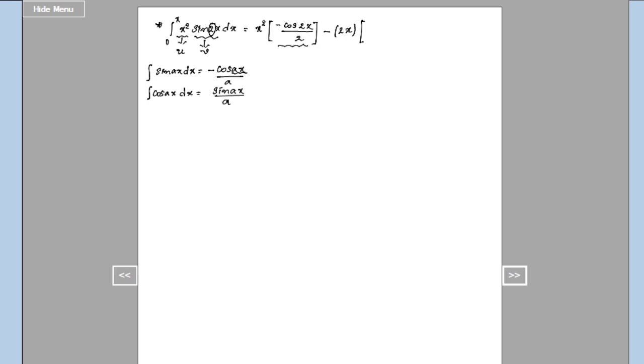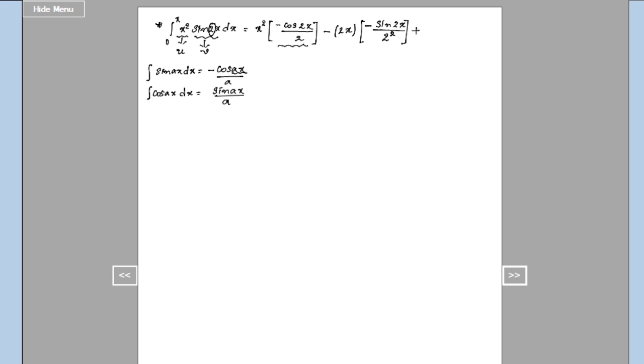Now I should integrate the term minus cos 2x divided by 2. Minus 1 by 2 is a constant, so I will write that first. The integral of cos 2x is sine 2x divided by 2, so 2 into 2 becomes 2 square.